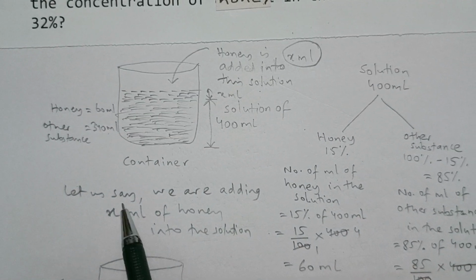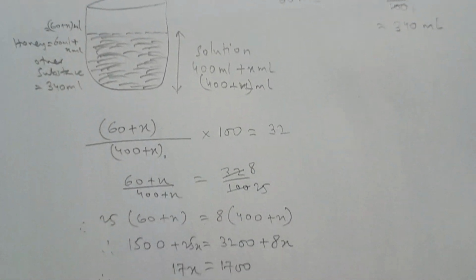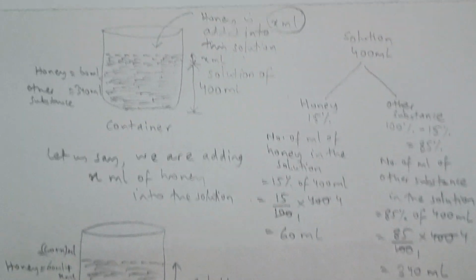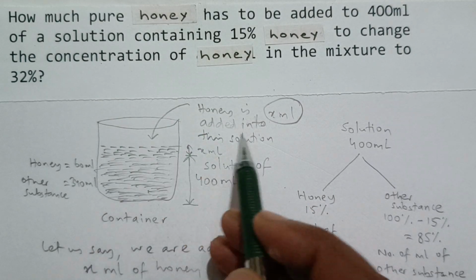So we declared over here that we are adding x milliliters of honey in the solution. So that x is 100. So 100 milliliters of pure honey is added into the solution.